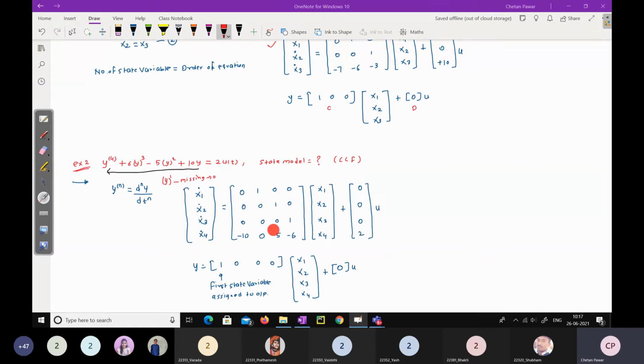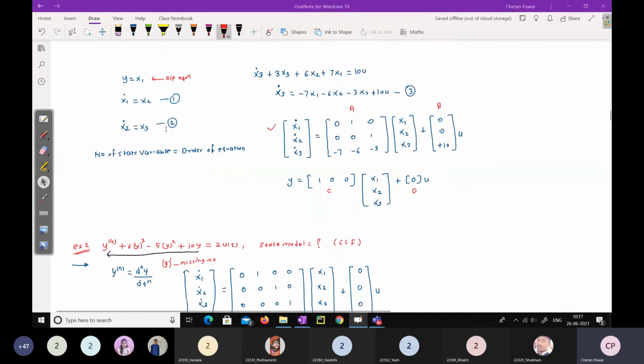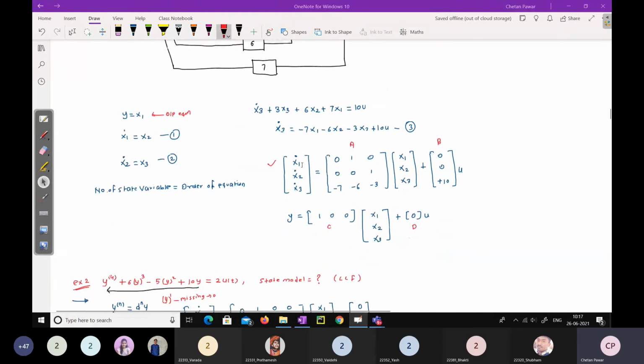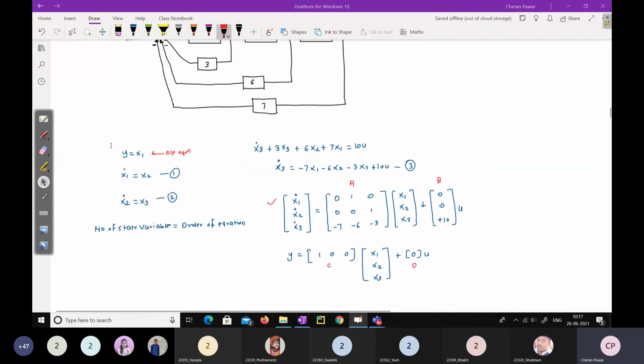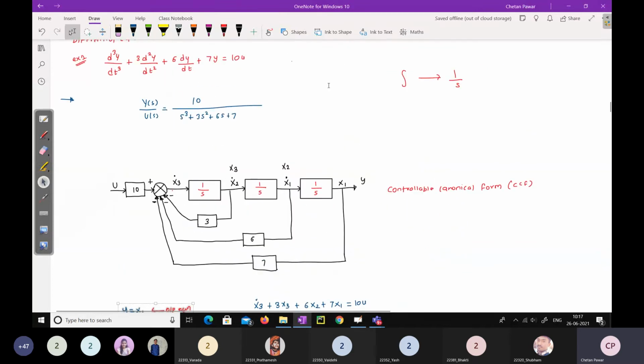Now, how to find out the output equation? Even if you consider this particular technique, okay, in the previous example, this output equation you have seen, okay.